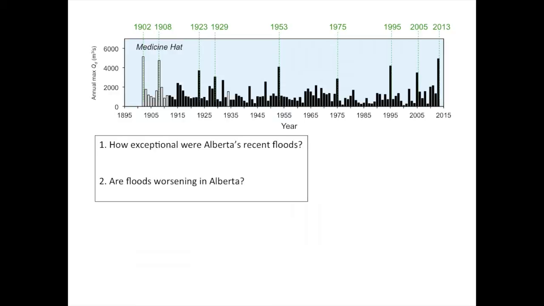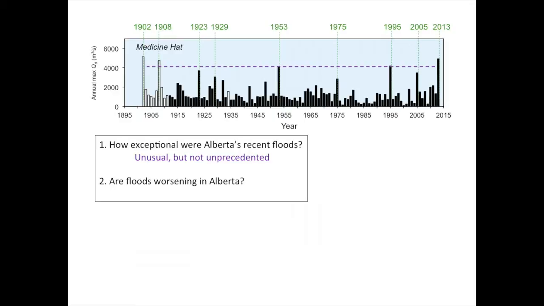And relative to the question, how exceptional were Alberta's recent floods? We can put together a line, and in fact, the distribution approximately is split by that high flow in 1953. And what we see is 2013 in the overall basin was probably about the same, although slightly lower than 1902 and perhaps slightly higher than 1908.